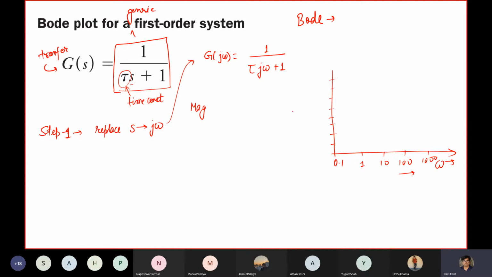So magnitude is actually 20 times log base 10 of the mod of G(j omega). You have to take that. So magnitude reads as 20 times log 10 of the magnitude of 1 upon j omega tau plus 1.